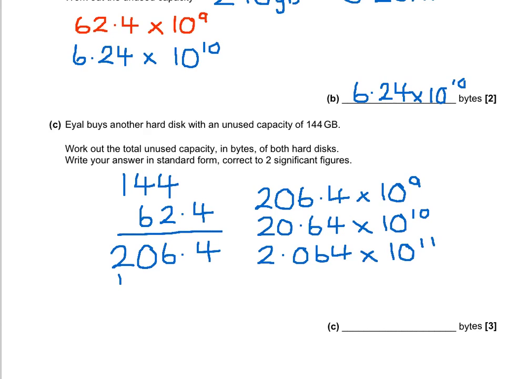Notice here it does say give your answer correct to 2 significant figures. The second significant figure here would be this one, so we'll look at the one next to it, and that tells us to round it up. So to two significant figures, it will be 2.1 times 10 to the power of 11.